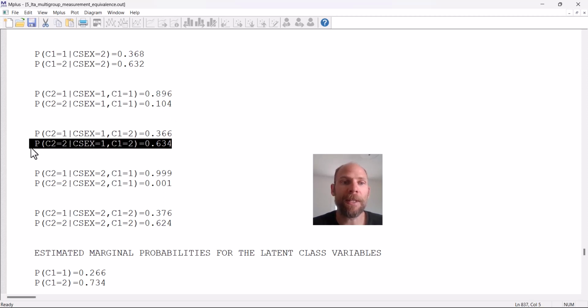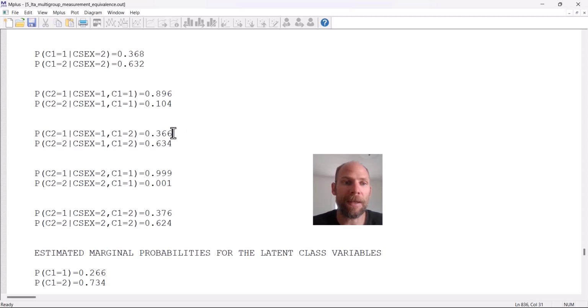So the reason here is that class 1, so this was test data, and so class 1 represented a class of high performers, and so people who were already high performing at time 1, they tended to stay in that class, whereas class 2 was a lower performance class, and so there was a lot of improvement over time.